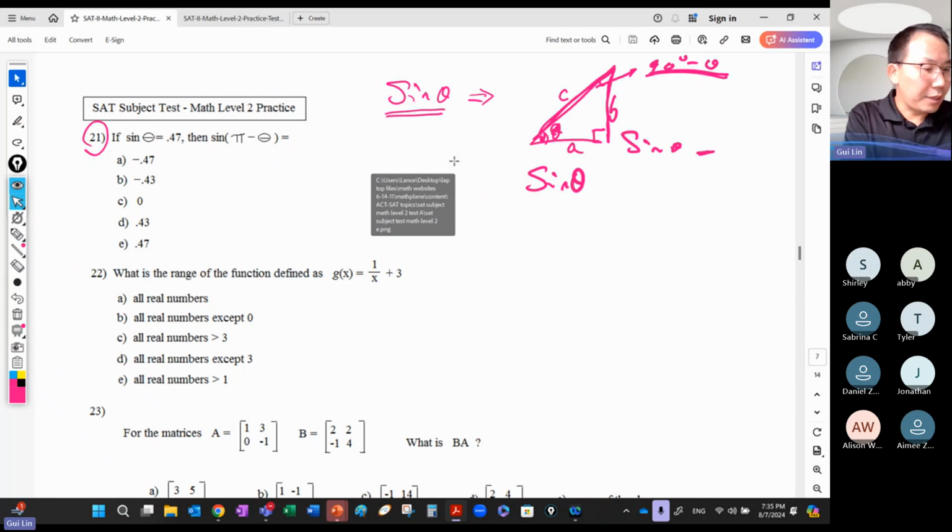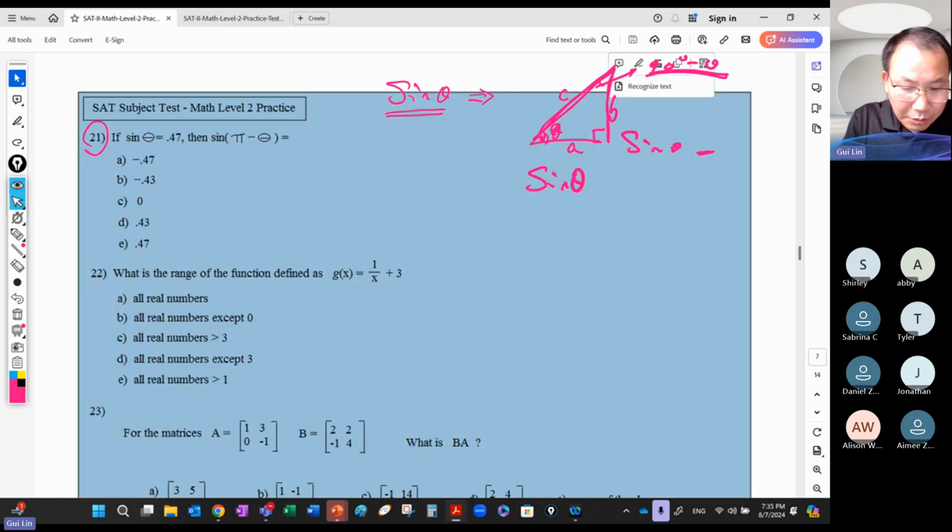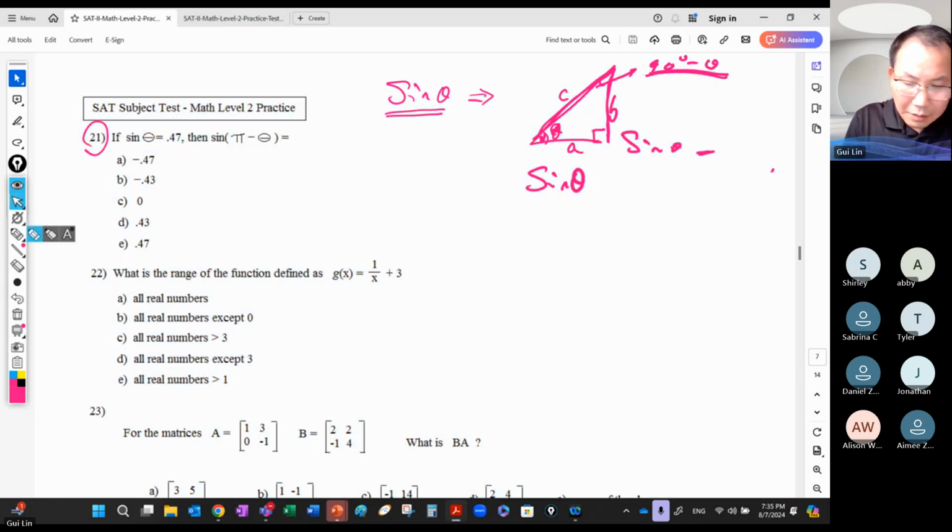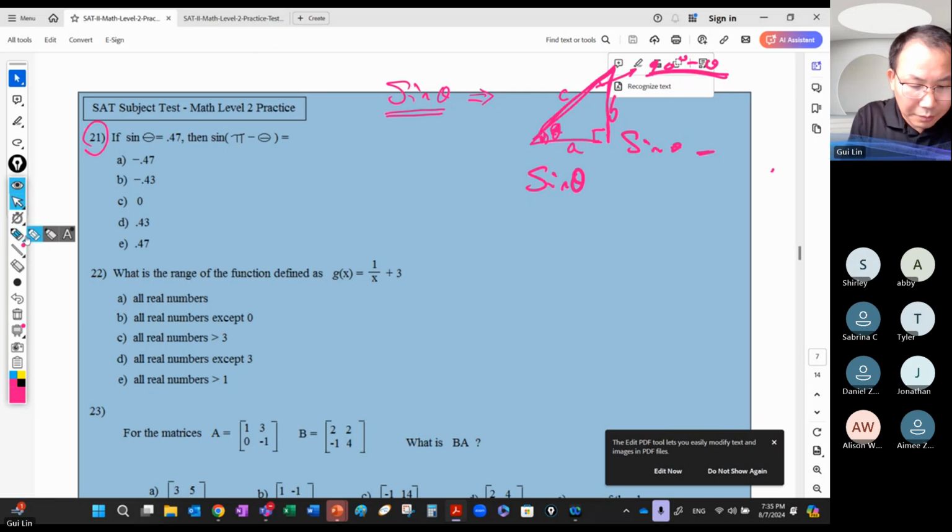So sine theta, you guys know how to define this part, right? Anyone? Sorry for the interruption. So sine theta equals, oh my bad.